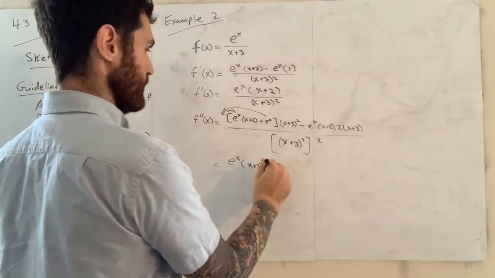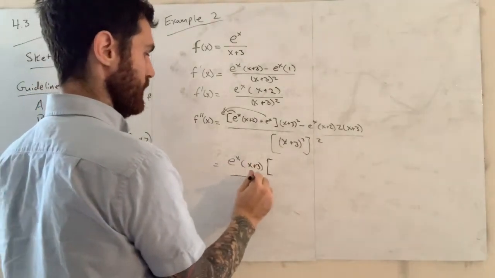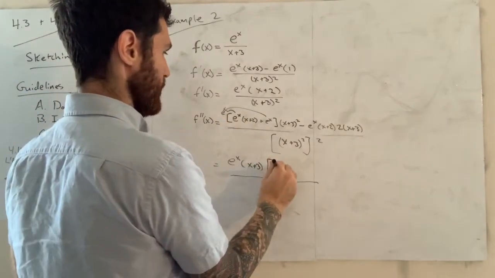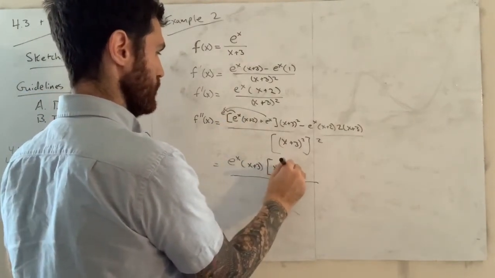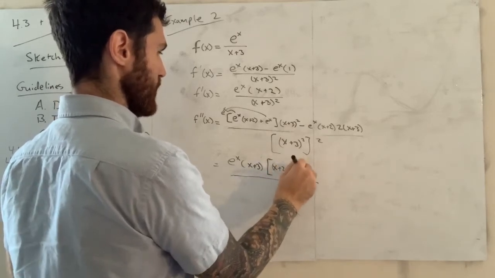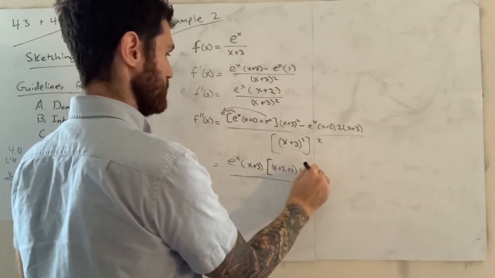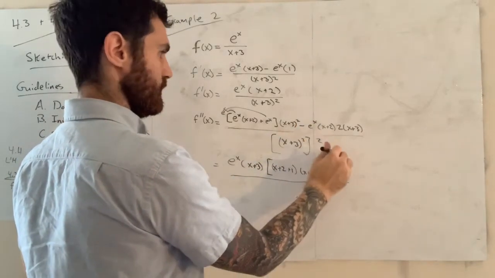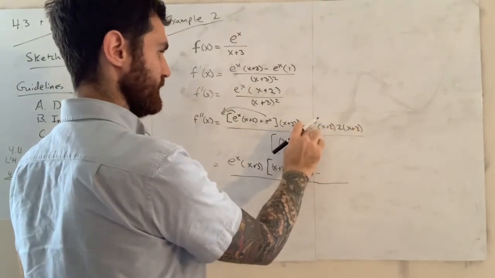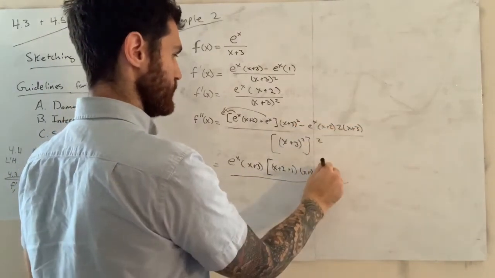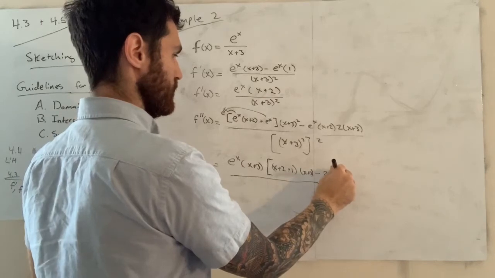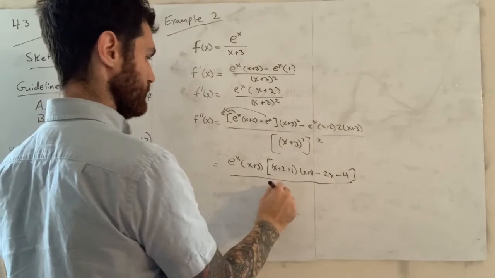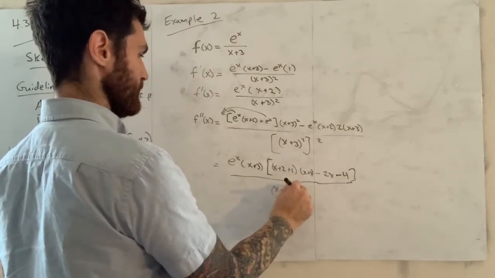What I'm going to be left with in the numerator is going to look like this: e to the x times (x plus 2 plus 1) times (x plus 3), minus, having factored out that e to the x, 2x minus 4. All over x plus 3 raised to the fourth.